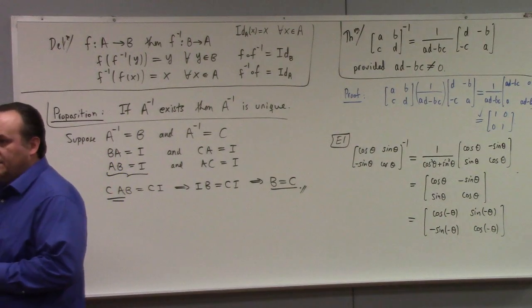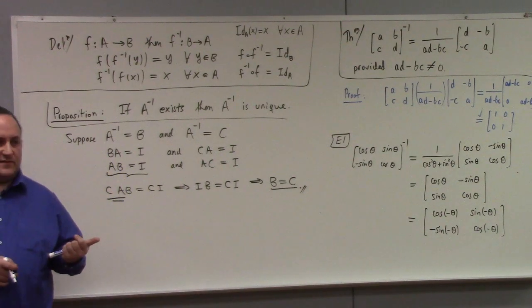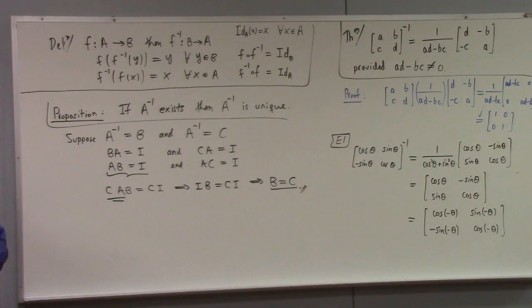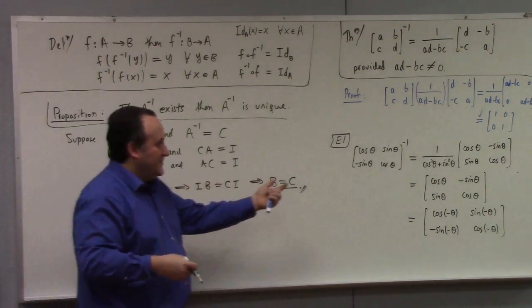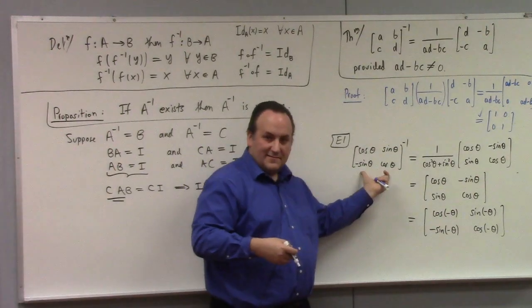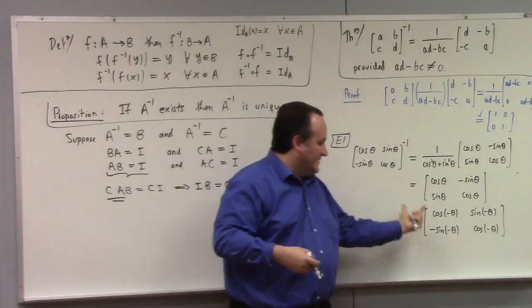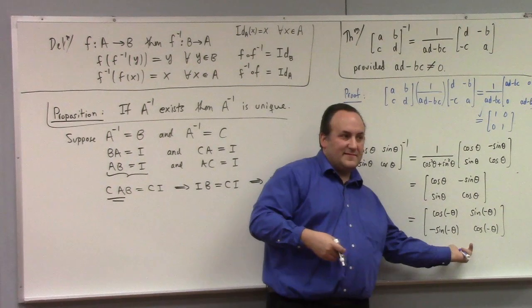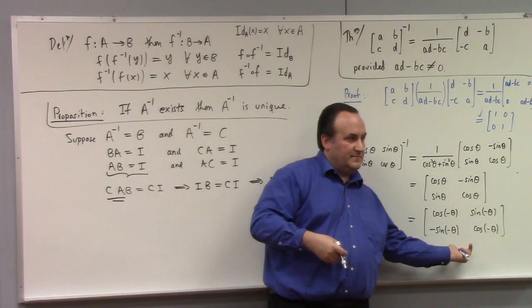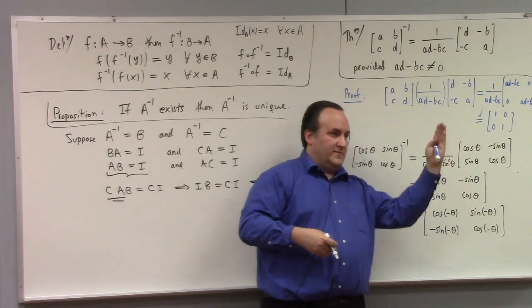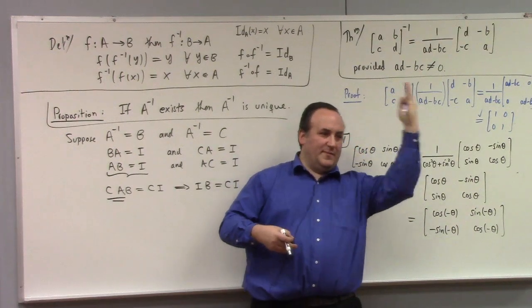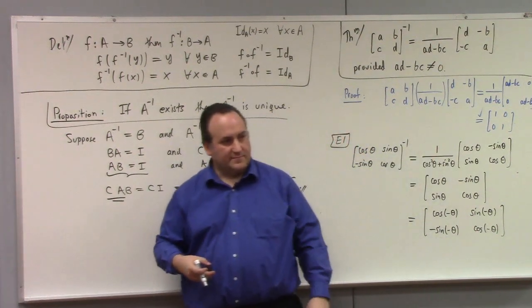So what's going on here? The original matrix, if we study how it multiplies a vector in the plane, you'll find it rotates by angle theta. The inverse of the matrix rotates by the opposite angle. If this matrix rotates by angle theta, what angle does this matrix rotate by? Minus theta. So rotate by theta, rotate by minus theta. Those are inverses. Makes sense.